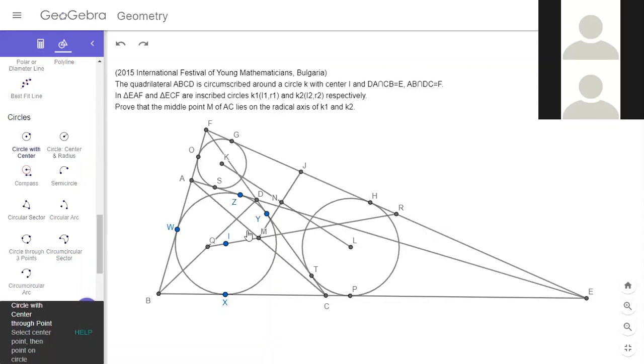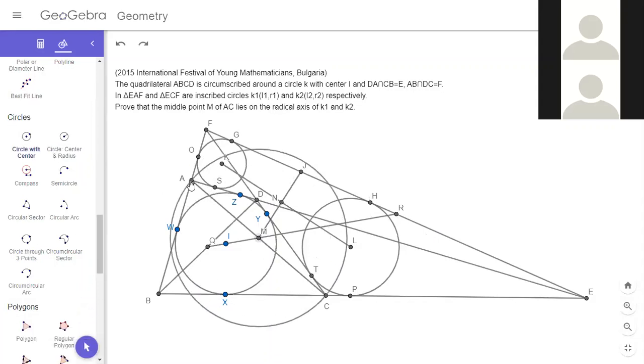Let me try. Yeah, how do we use that MA is equal to MC? So what if I draw triangles MKA and MCL?